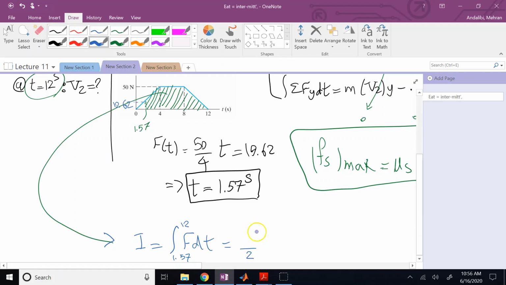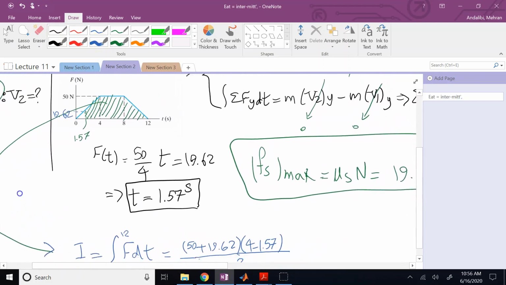So it is going to be 50 plus 19.62, sum of the two bases, times the height, which is 4 minus 1.57, the whole thing divided by 2, right? So this is the first area.